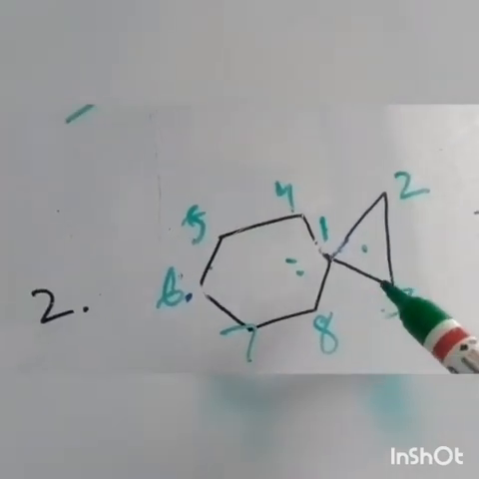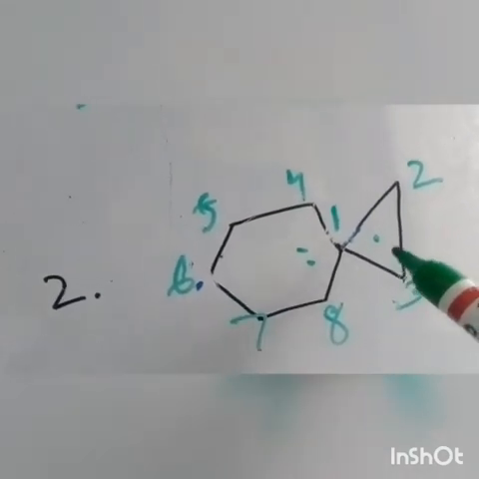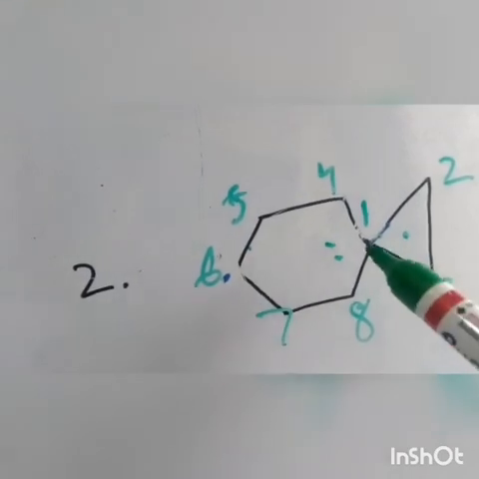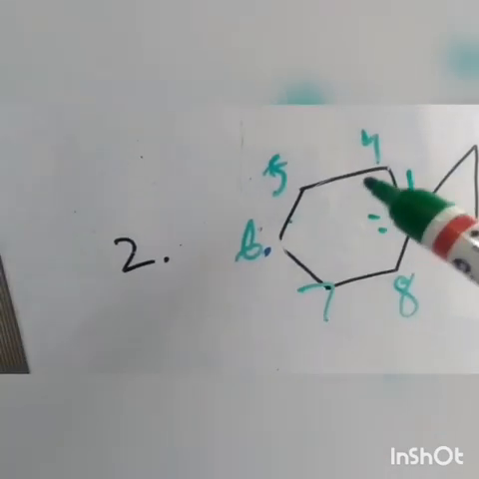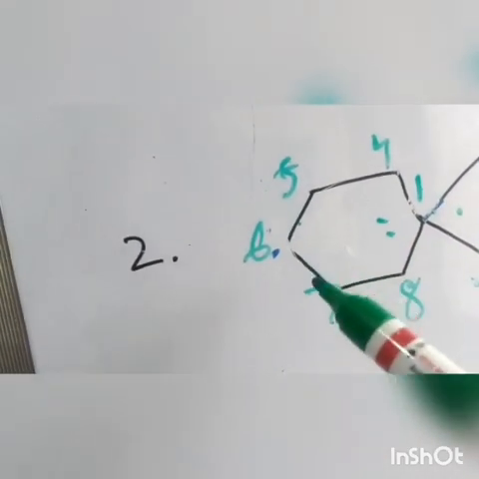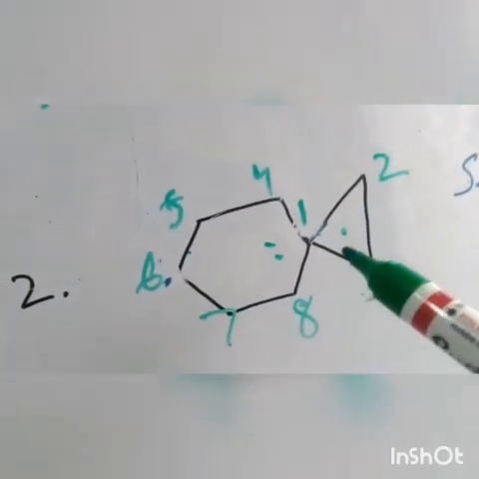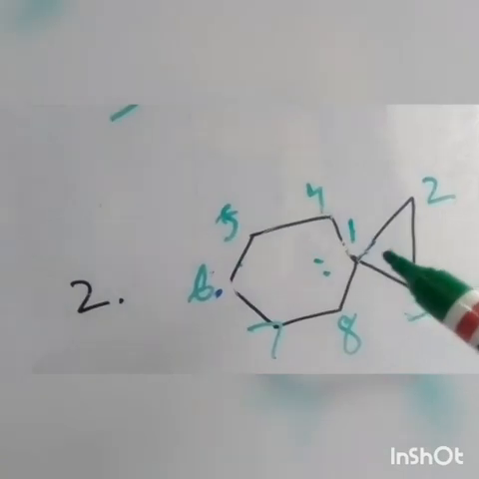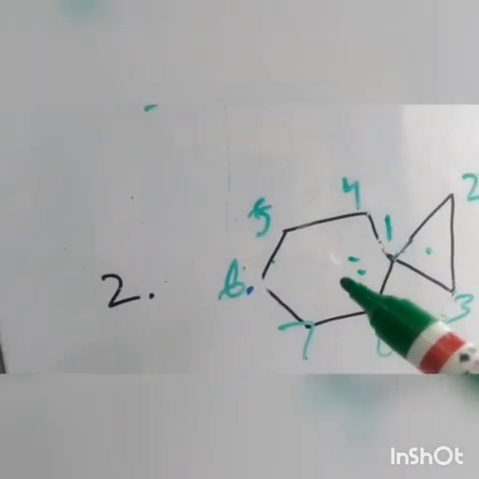So spiro within brackets 2 5, 1, 2, 3, 4, 5 carbon atoms, and here 2 carbon atoms. So spiro 2 5 octane.